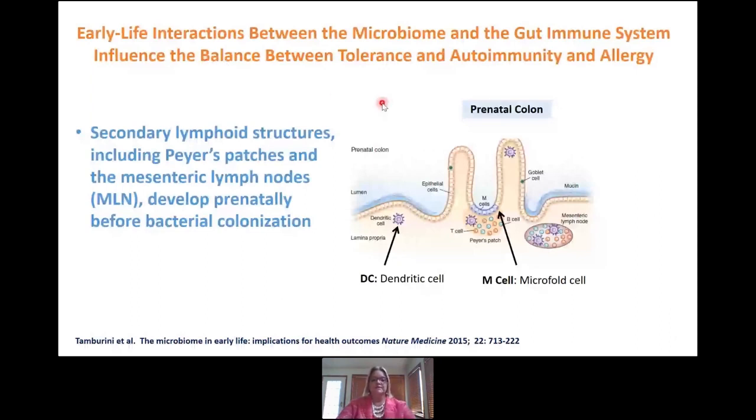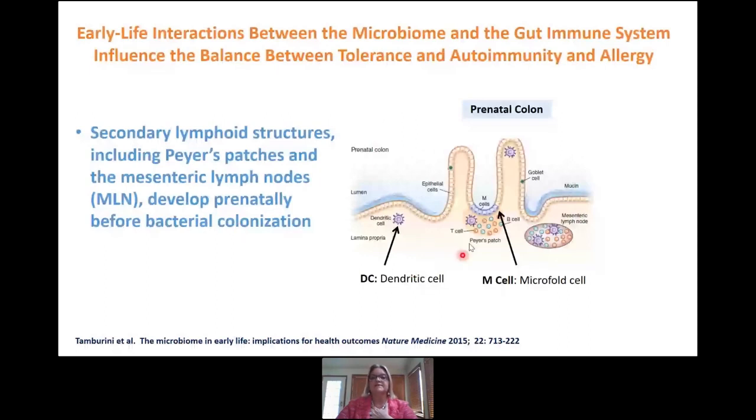As I mentioned before, we see dysbiosis being associated with many clinical outcomes related to the immune system, not only allergy, but asthma, wheeze, and even inflammatory bowel diseases. Prenatally, it's important to note that we often say they're immunologically immature, but most of the secondary lymphoid structures are there. They just have not had extensive exposure to the microbiome.